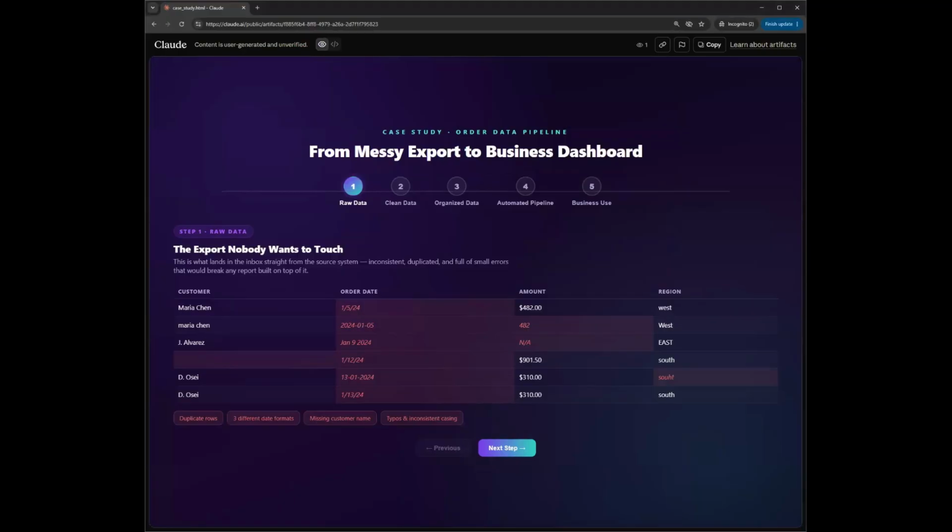This is a real export straight from a source system. If you look closely, you can see Maria Chen appears twice. You can see different formatted dates. Some don't even have values, and there's different case sensitivity. Now, as beginners, this might not mean much, but this is essentially how data is utilized by the business today, not by the engineering team, by the business.